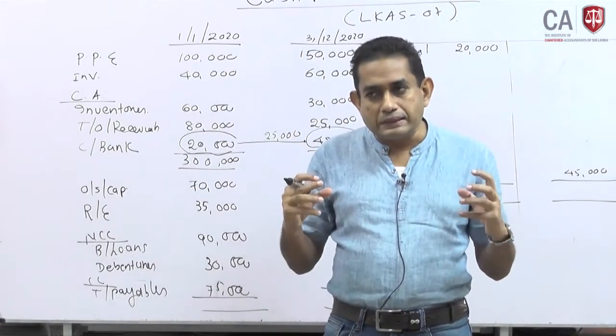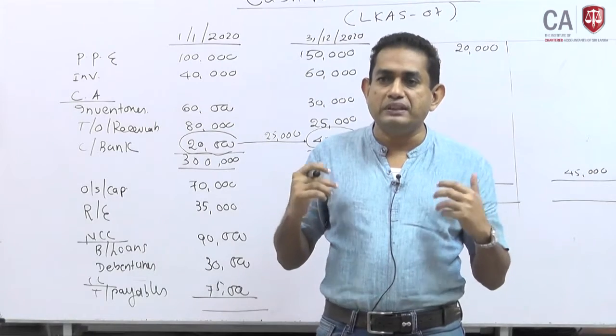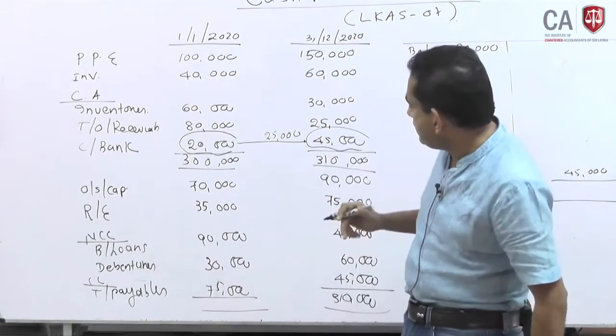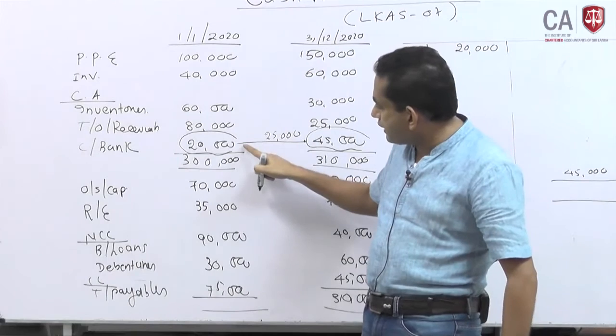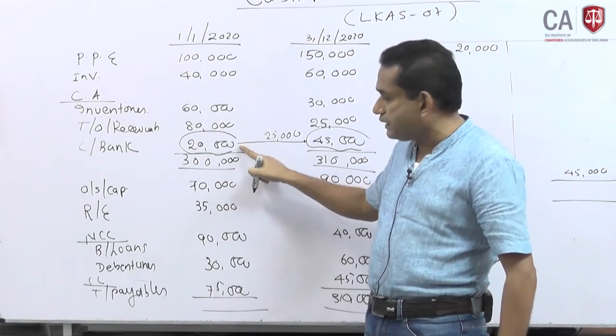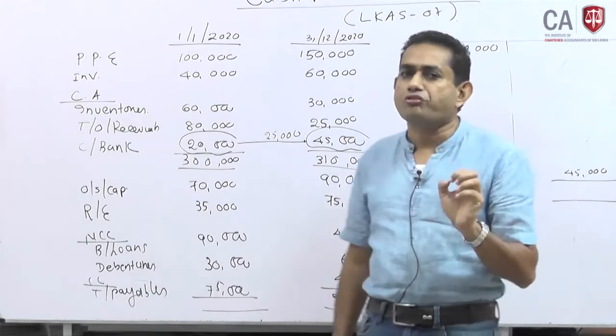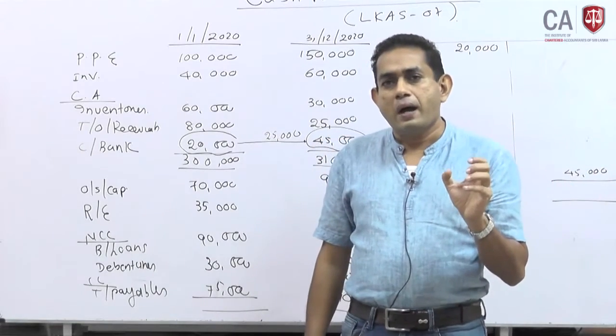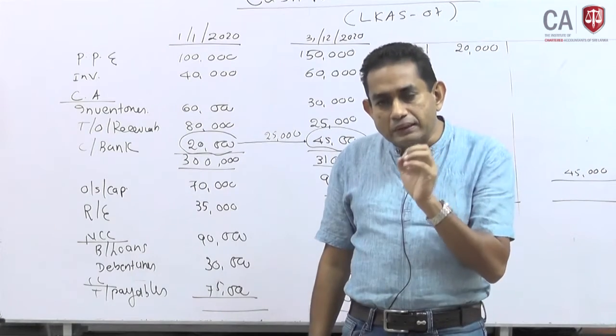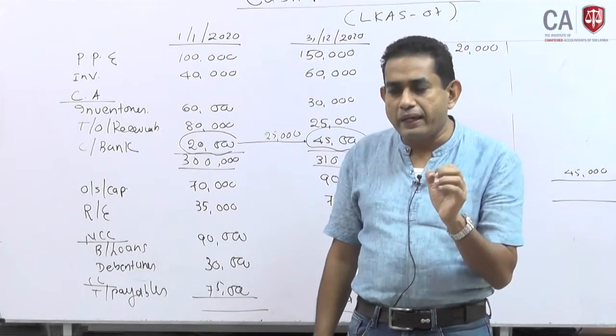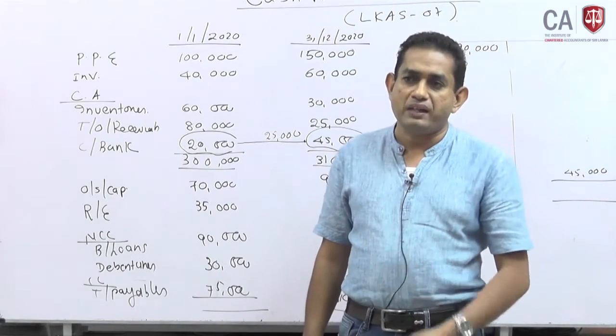The figures of these two balance sheets have been arranged in such a way that this difference equals the total of the differences of the other items of the opening and closing balance sheets.